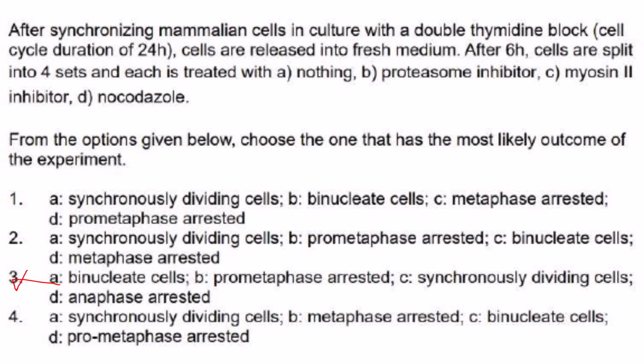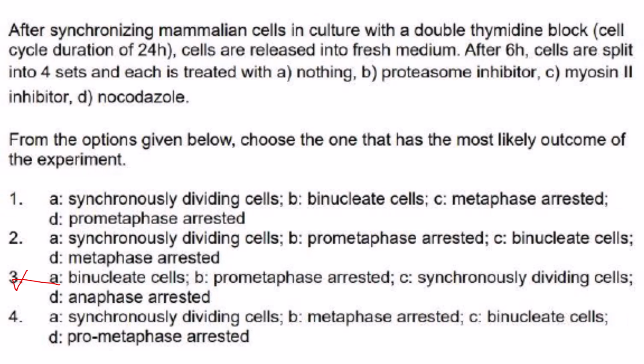Now cyclin B degradation is mediated by the anaphase promoting complex, and this will tag the cyclin B with ubiquitin, and it is targeted for proteasomal degradation. So that is where your proteasome is coming in.